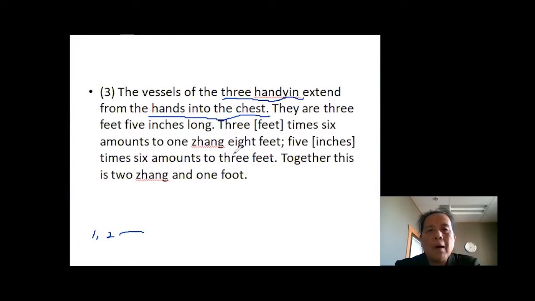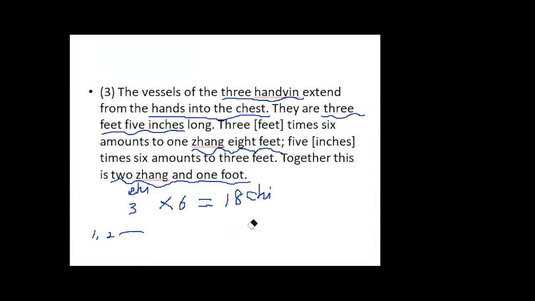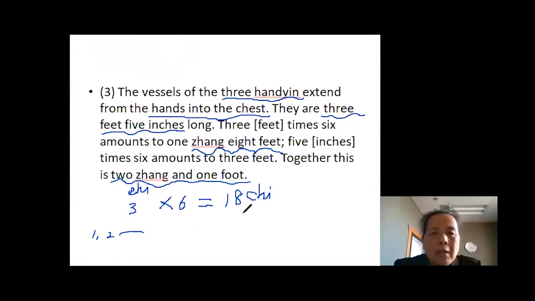Right now we're talking about from the chest to the hand, but it doesn't matter for the calculation. In these meridians, it's 3 feet 5 寸 long. They just calculate separately here: 3 times 6 first, which comes to 18 尺.